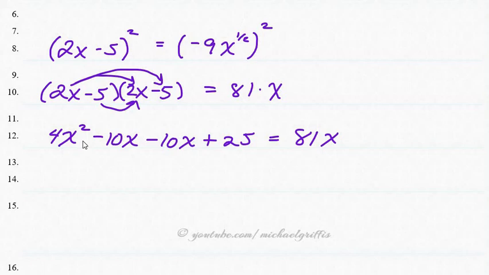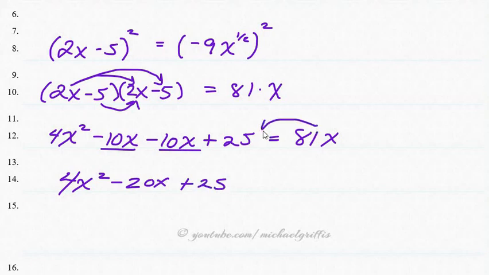Alright, what we want to do is we're going to have a quadratic, and we want to get it in standard form. Okay, so let's do that. Let's take a look at our like terms here. We got a negative 10x minus 10x, so we can rewrite this as 4x squared minus 20x plus 25. Let's go ahead and subtract 81x from both sides, or just bring that over.